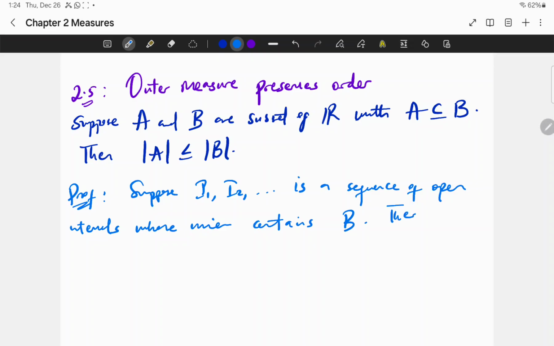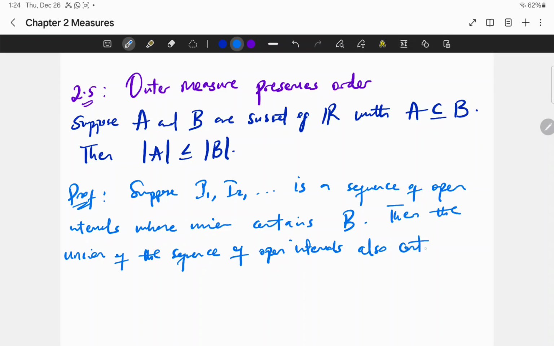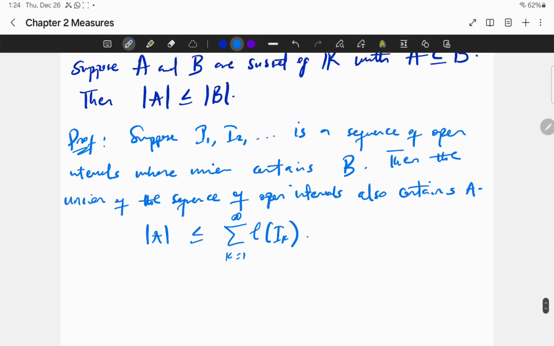Then the union of the sequence of open intervals also contains A. So in other words, the outer measure of A will be less than or equal to the summation of k equals 1 to infinity of the length of those sequence of open intervals that contain B.